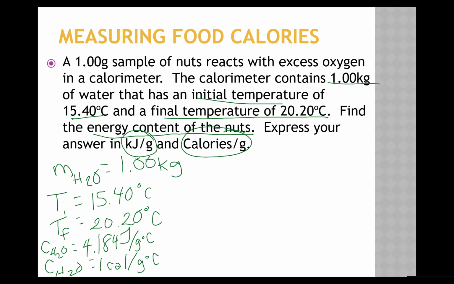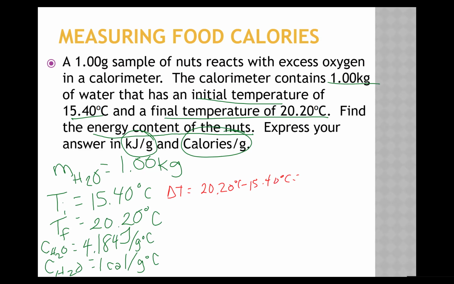We know that the change in temperature, delta T, is equal to 20.20 degrees Celsius minus 15.40 degrees Celsius.